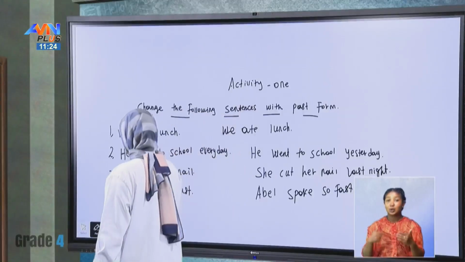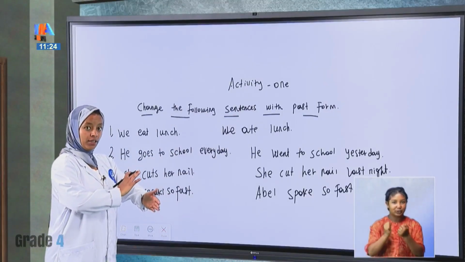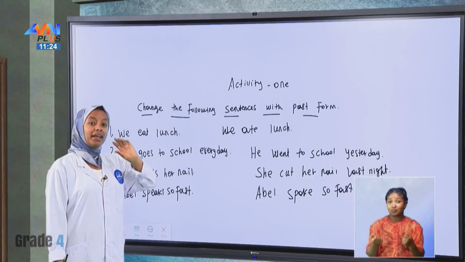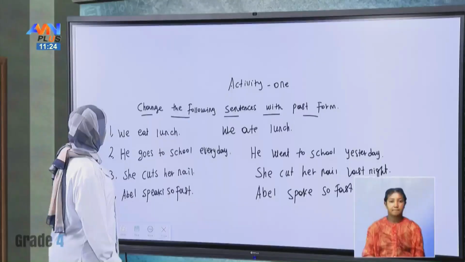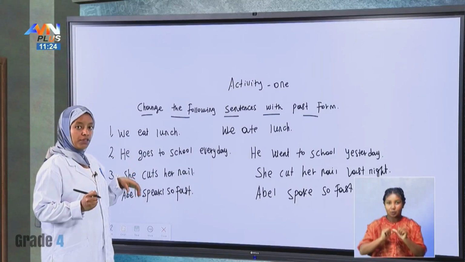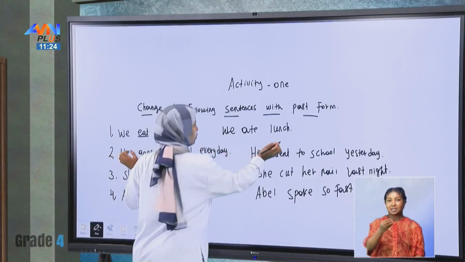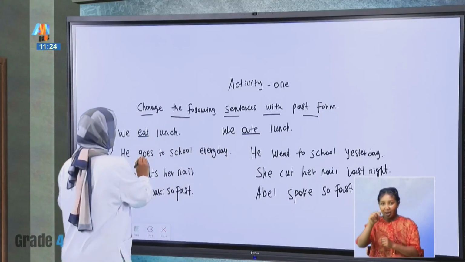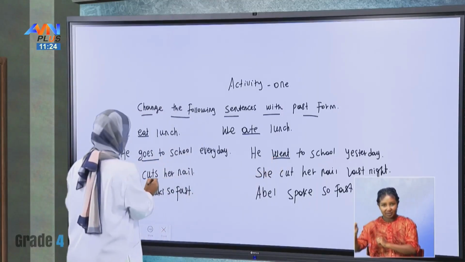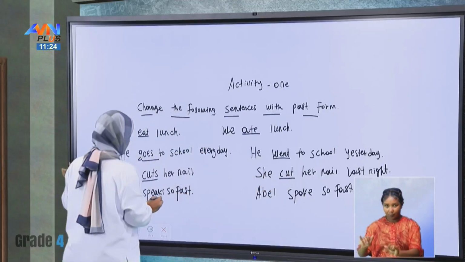So, students, look at these examples and how we are changing with past forms. I hope you all understand and enjoy your lesson. So, let me show you one thing before we continue to activity 2. Here are verbs. Eat, changing with ate. Here is goes with went. Here is cut. Here is also cut. Here is speaks.